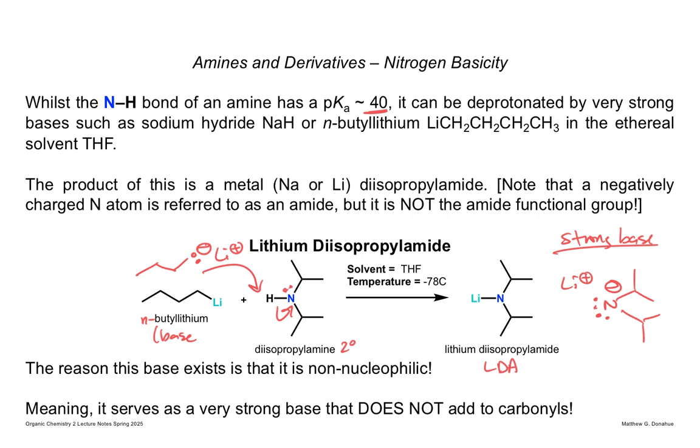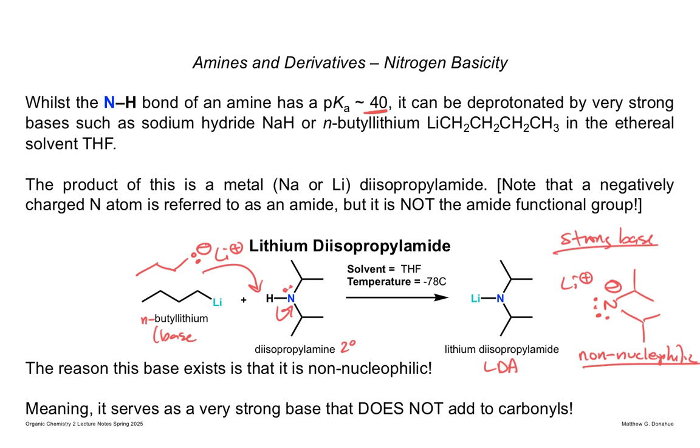And remember, when I say base, it's only interested in abstracting a hydrogen atom. So another way of describing this is non-nucleophilic. So a nucleophile is when you're forming a bond to carbon.